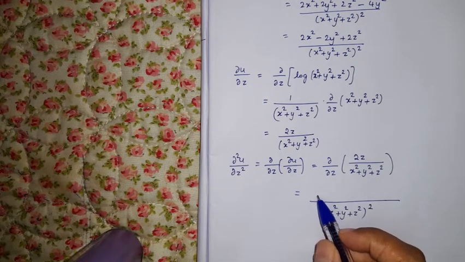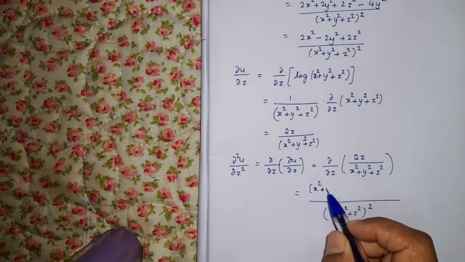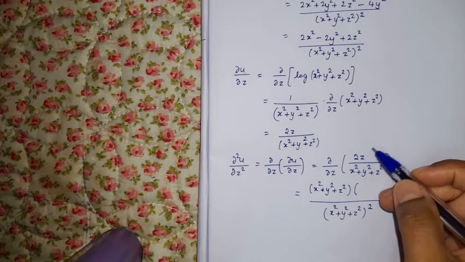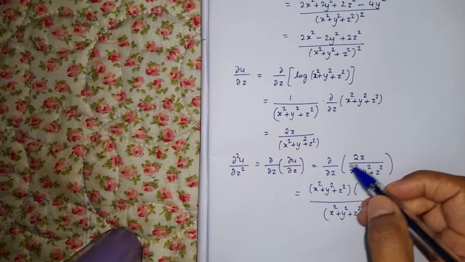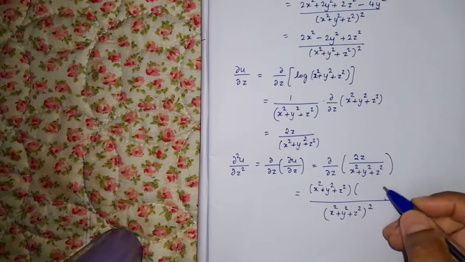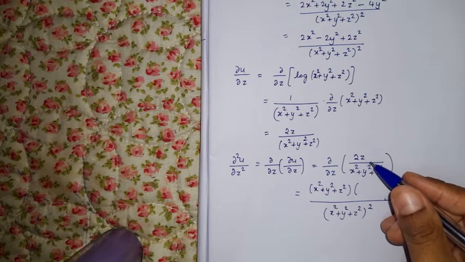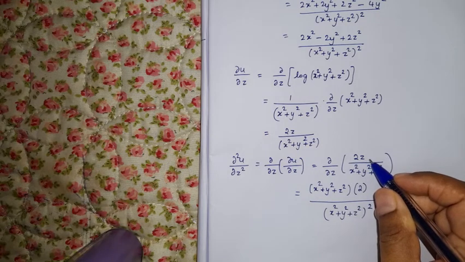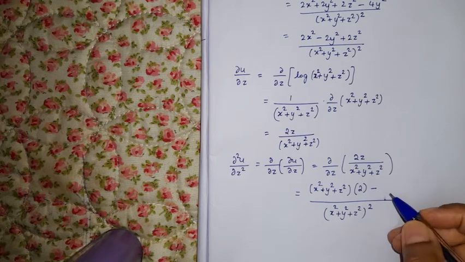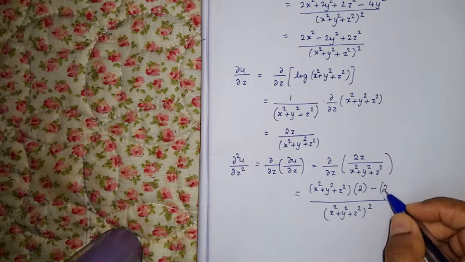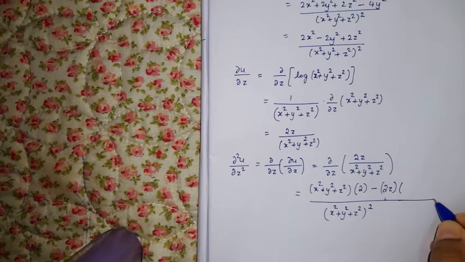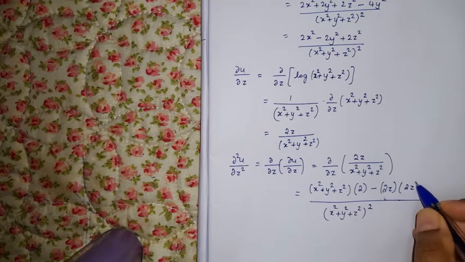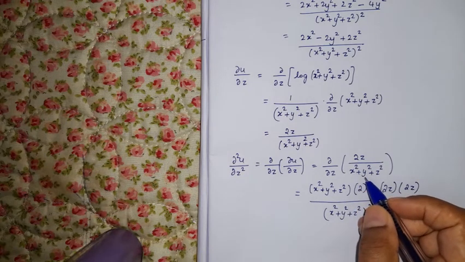Now in the numerator, you will be having v into u dash. U dash is differentiation of 2z with respect to z. So you are having 2, if you differentiate this partially with respect to z, minus u into v dash. U into v dash, you have to differentiate this partially with respect to z. So you'll be having 2z again, because x and y will be the constants.